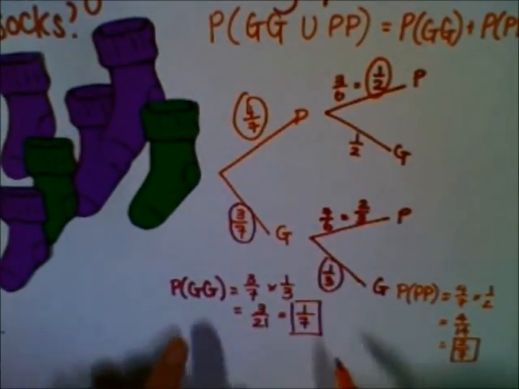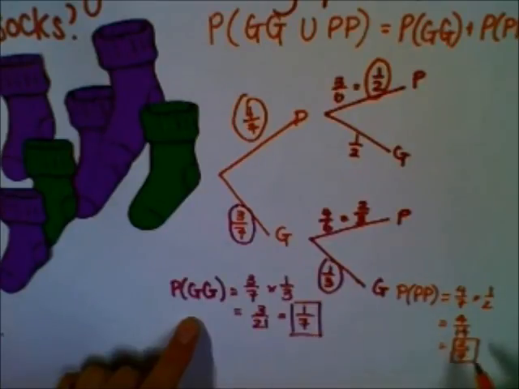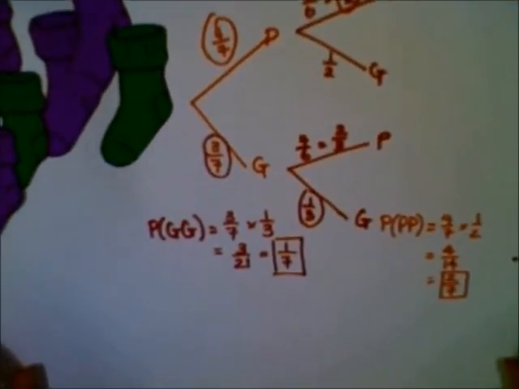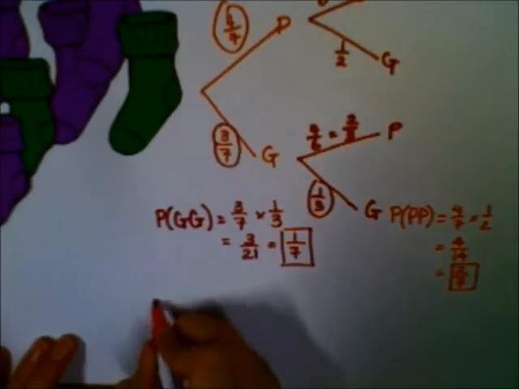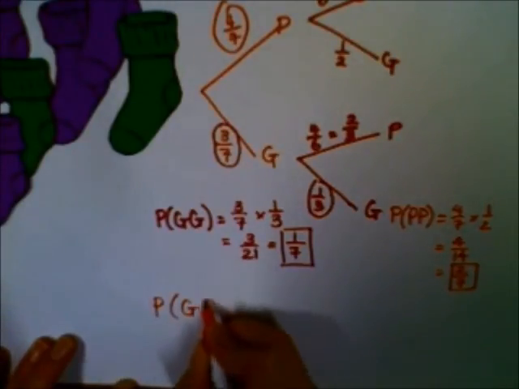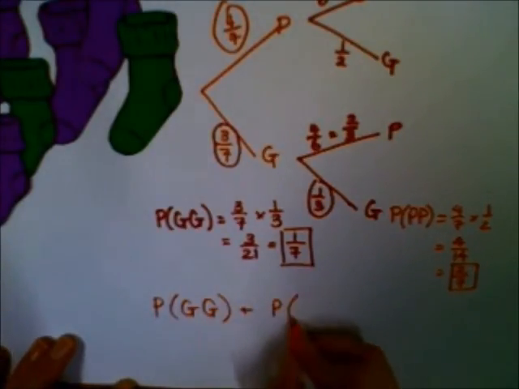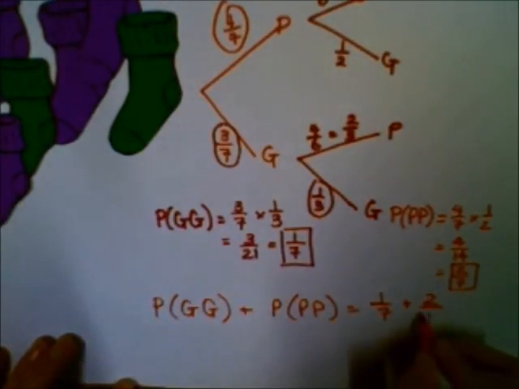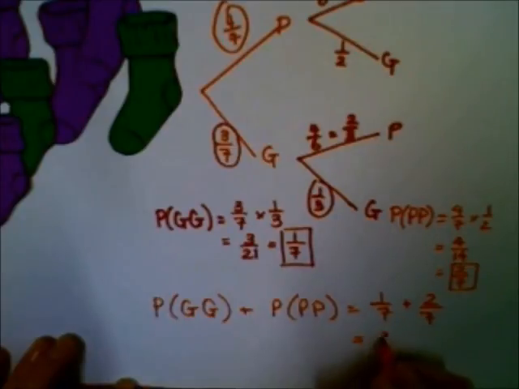So I've got the probability of getting 2 greens is 1/7. The probability of getting 2 purples is 2/7. So the probability of either getting 2 greens or 2 purples, we add those together. So the probability of 2 greens plus the probability of 2 purples is 1/7 plus 2/7, which gives me an overall probability of 3/7.